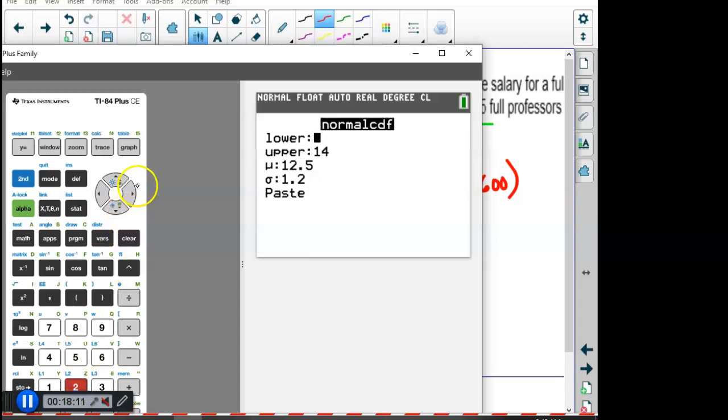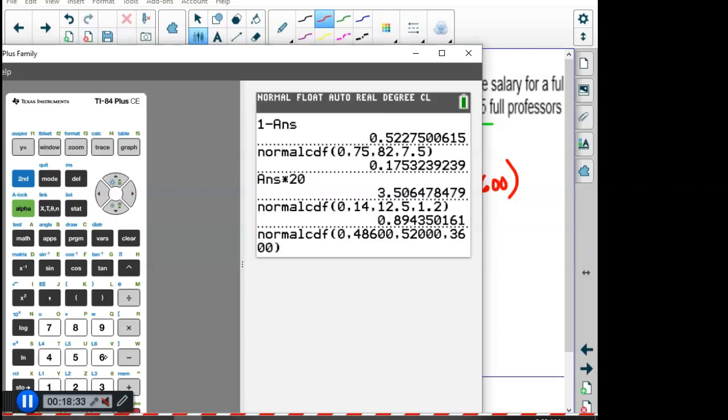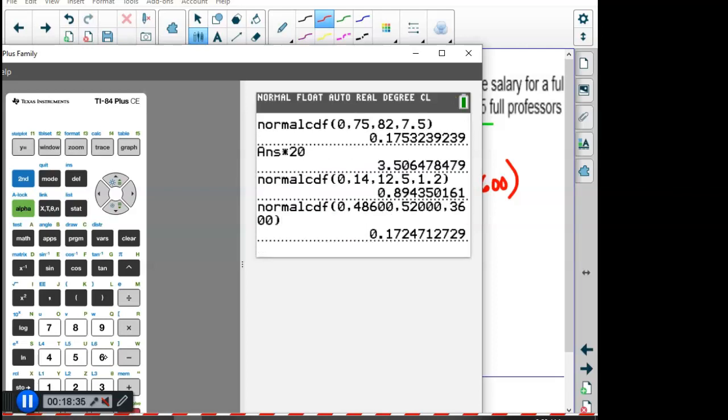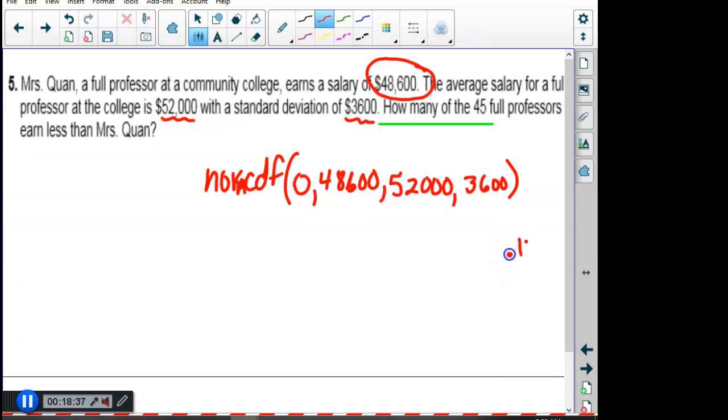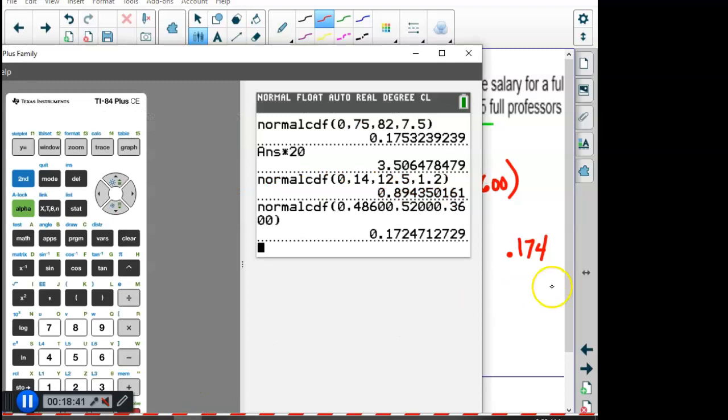What was hers? 48,600? $52,000. And what was the standard deviation? 3,600? Okay. So I got about 0.17, did it say 4? 0.1724?